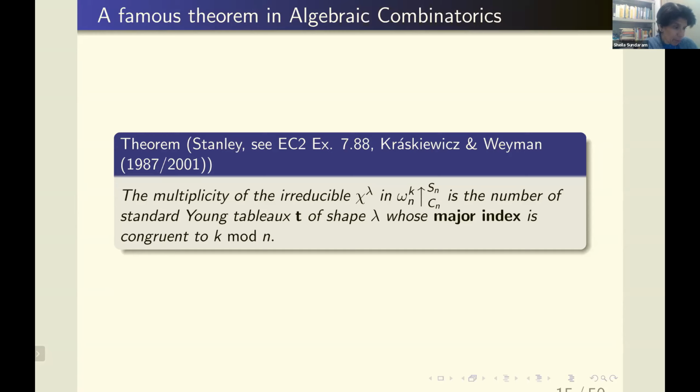Okay, so the theorem is that the multiplicity of the irreducible chi lambda in this induced module from the long cycle is the number of standard Young tableaux of shape lambda whose major index is congruent to K mod n.